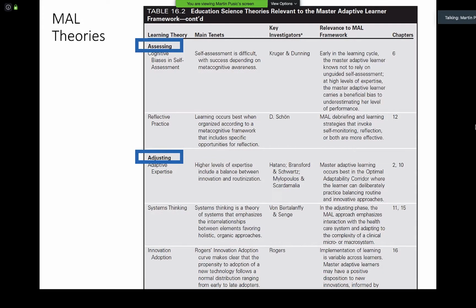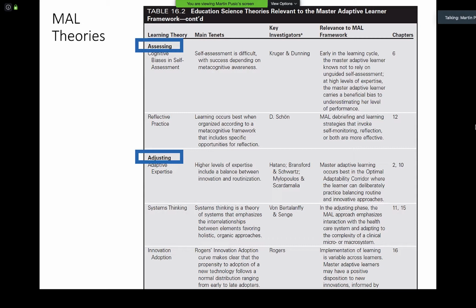Assessing is difficult, and again, the Dunning-Kruger conceptualization is listed there, as well as reflection as espoused by Schön, and deep introspective Jesuit-like reflection is a really great way of learning, and a great habit for learning.